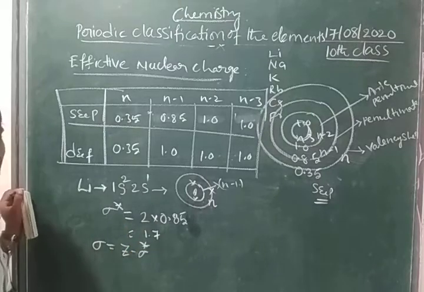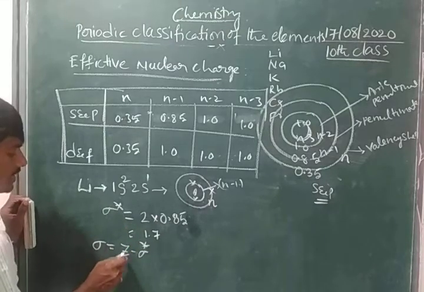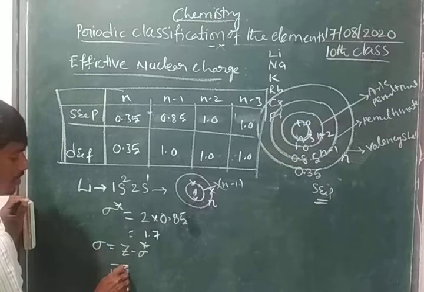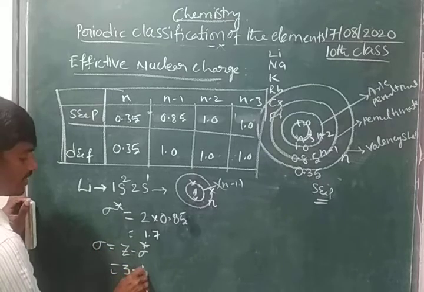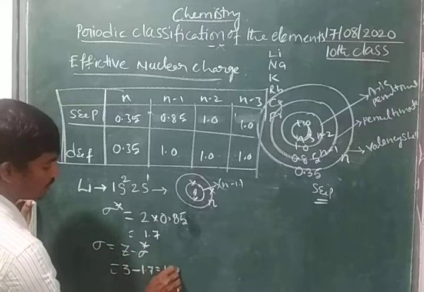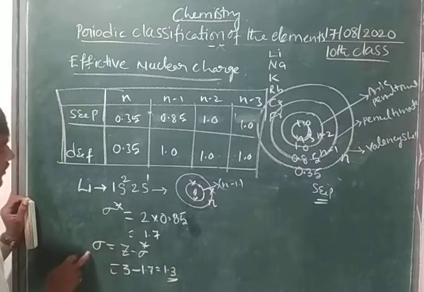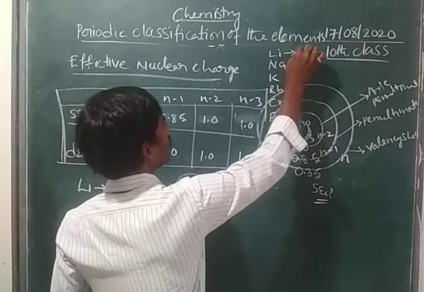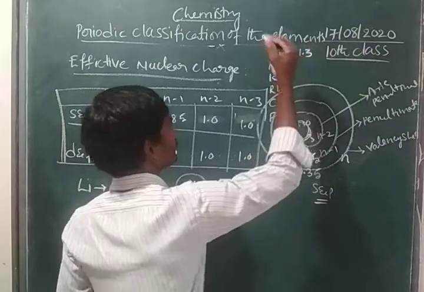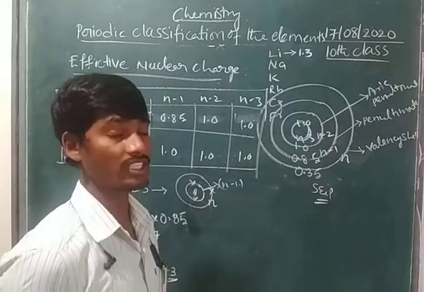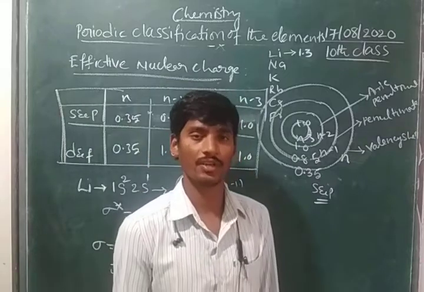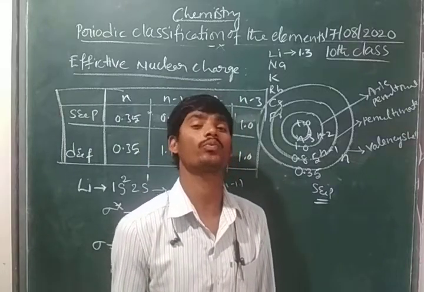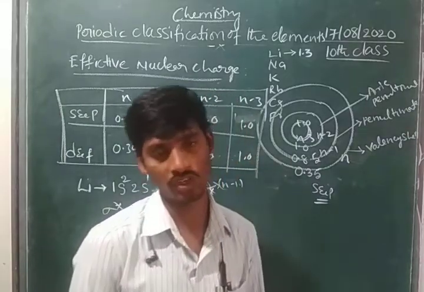Here Z is the atomic number of lithium, 3, minus 1.7. Then how much are we getting, children? Here the effective nuclear charge for lithium is 1.3. What is the actual charge of lithium, children? 3. But the effective nuclear charge of lithium is 1.3.